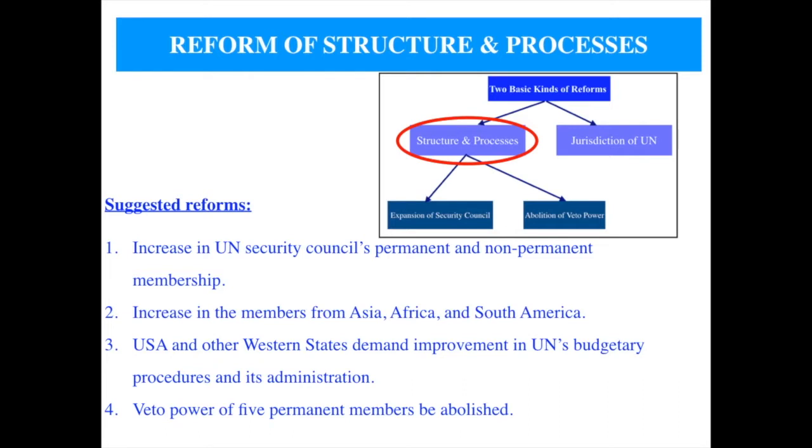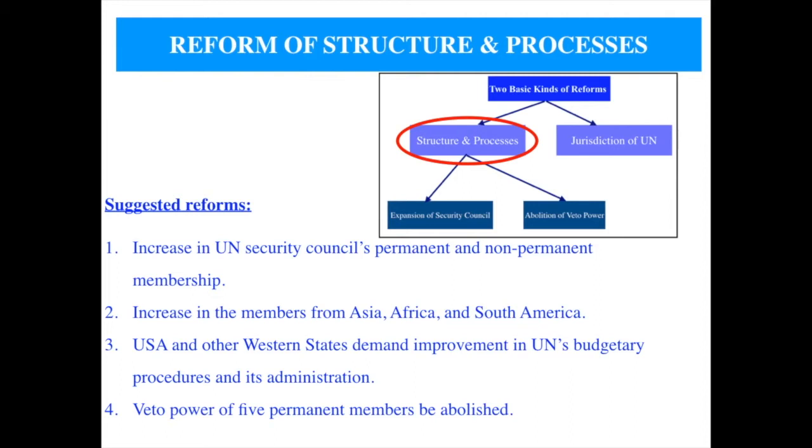Now, if you talk about the reforms, as mentioned earlier, the two major reforms are, number one, reform of structure and processes, and number two, reform in the United Nations jurisdiction. Talking about the reform of structure and processes, the biggest discussion has been on the functioning of the Security Council, or expansion in the Security Council's permanent and non-permanent membership.